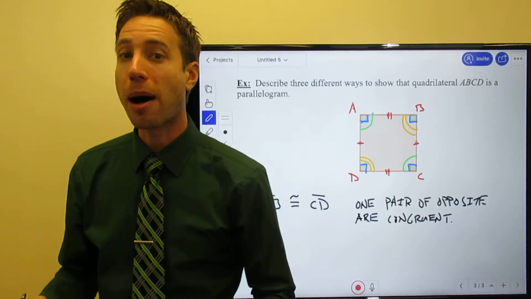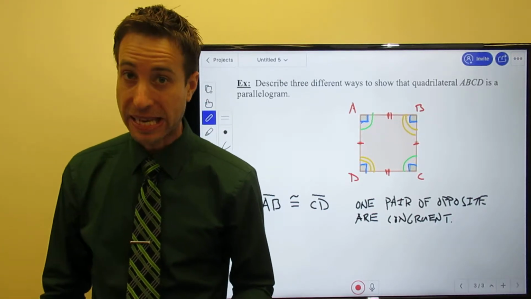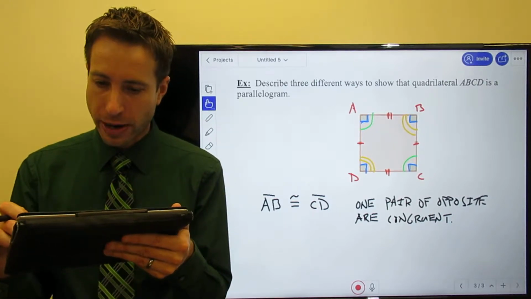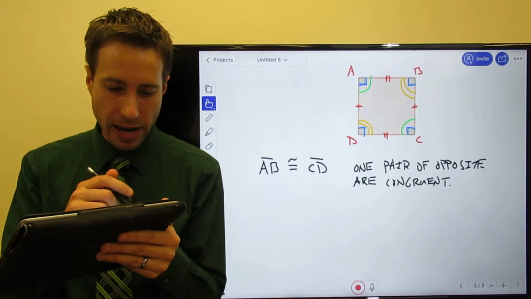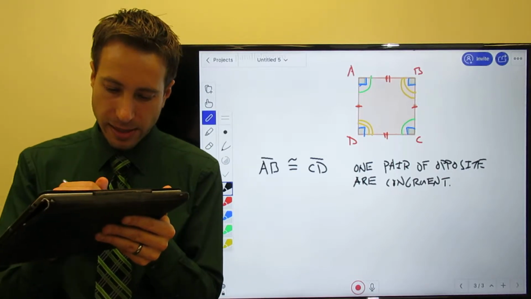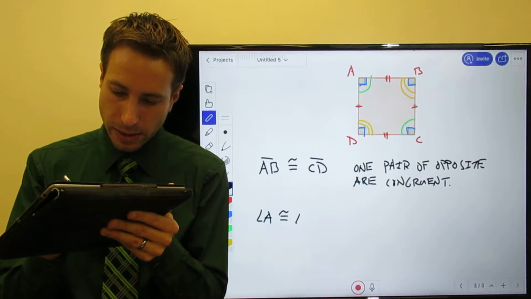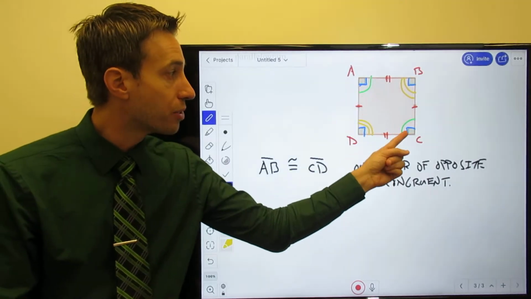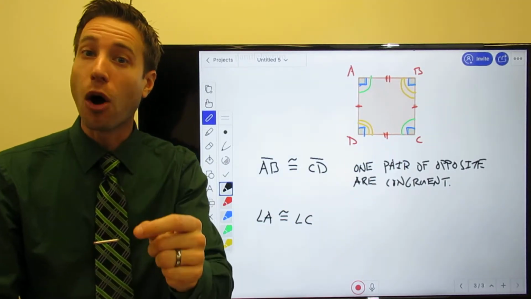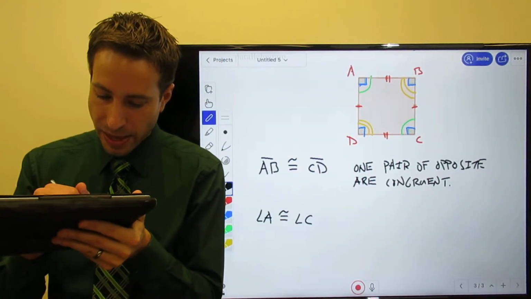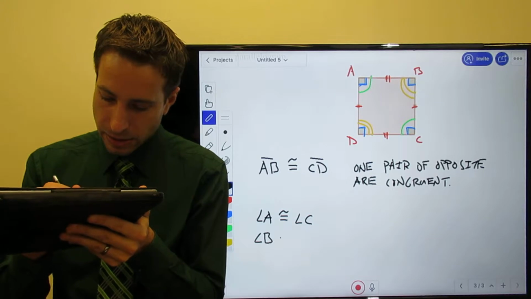I need those opposite angles to both be congruent. And sure enough, looking at the diagram, that is exactly what I see. Thanks to the diagram, I know that angle A is congruent to angle C. They're both 90 degrees. I also know that angle B is congruent to angle D. They're both 90 degrees.